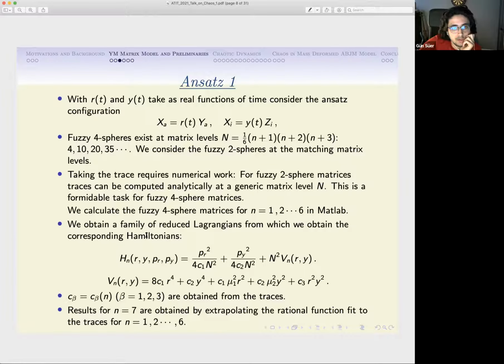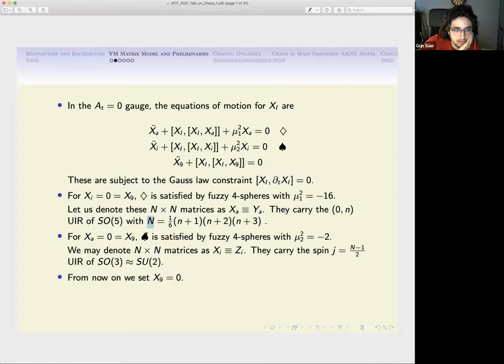Jem, can I ask you a quick question? About the last slide, you mentioned that you can't have any matrix size for fuzzy four-spheres. Does that somehow affect the large N limit or similar discussions? No, it doesn't. In fact it is useful in a sense, because the matrix approximation for the fuzzy four-sphere grows much faster than for a fuzzy two-sphere.